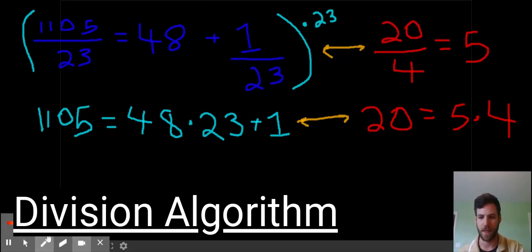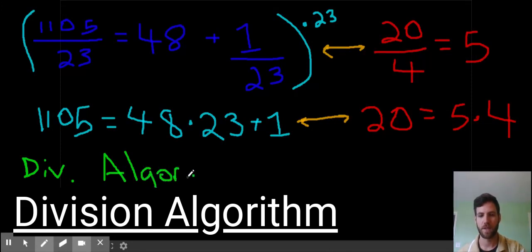And like I said, this is called the division algorithm. An algorithm is just a process or a simpler way to write out a mathematical concept.